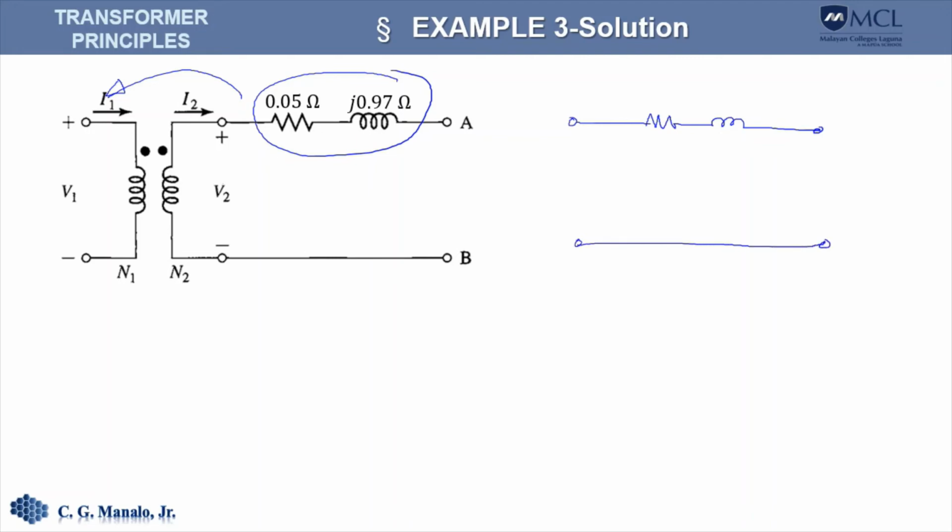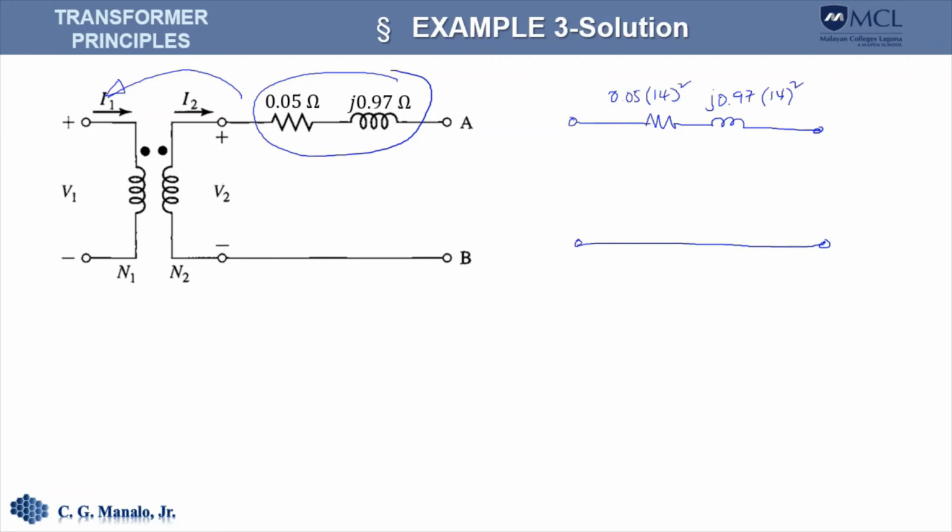That will be the result, where this is 0.05 times 14 squared, and this is j0.97 times 14 squared.